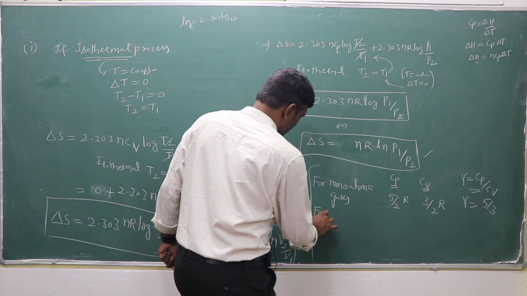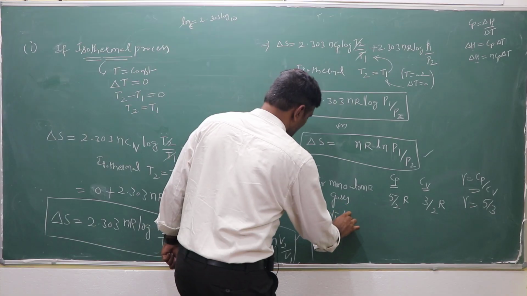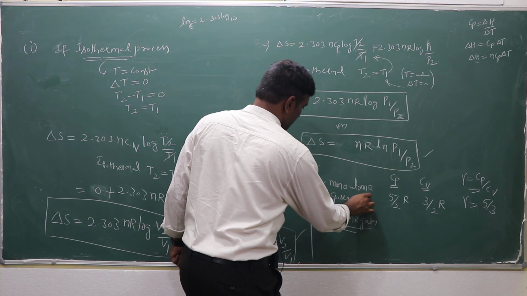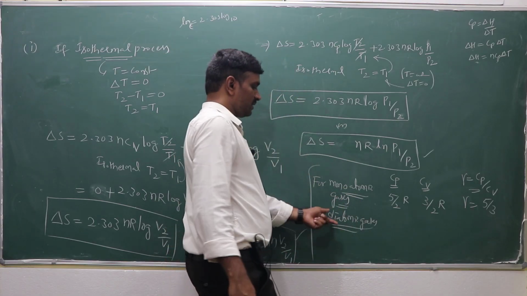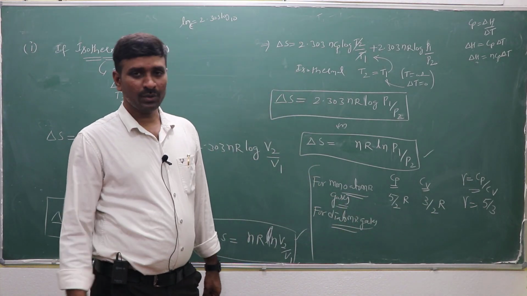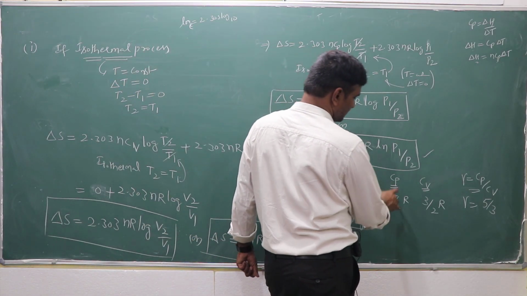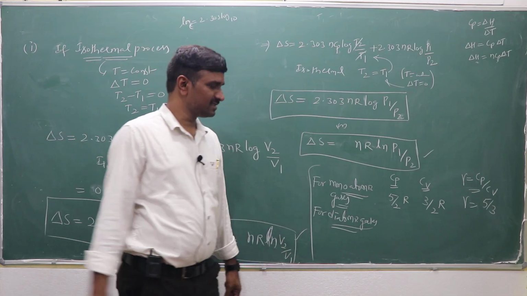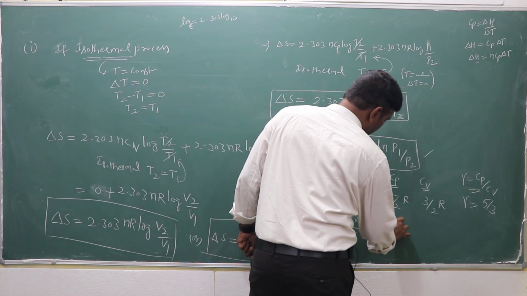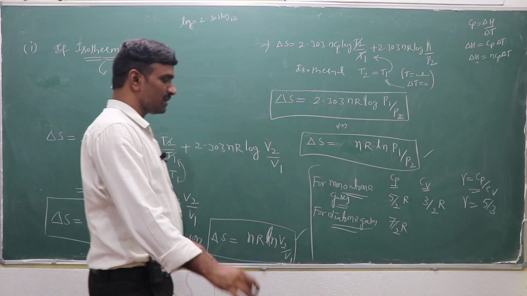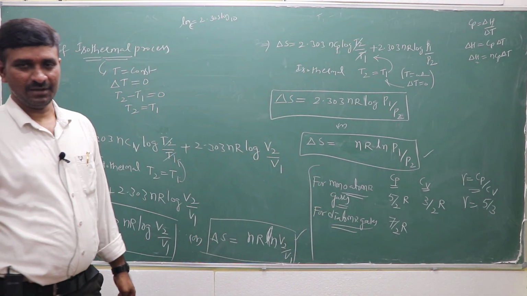Next, for diatomic gases like H2, O2, N2, the Cp value is 7 by 2 R. These Cp and Cv values depend upon the translational and rotational degrees of freedom.